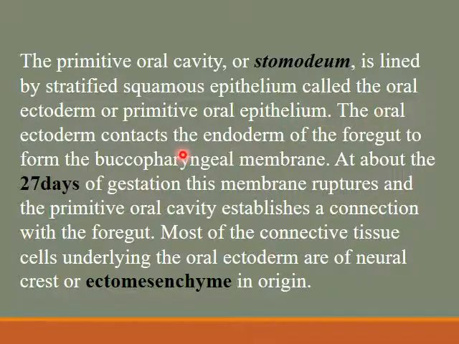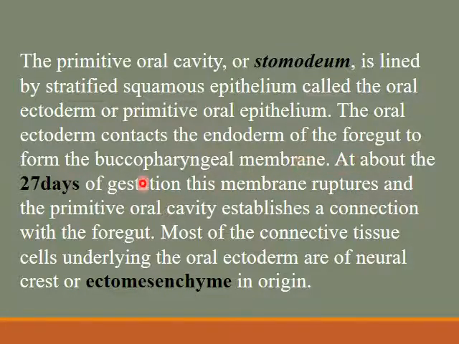The oral ectoderm contacts the endoderm of the foregut. The foregut is lined by endoderm, while the oral cavity is lined by oral ectoderm. These two layers, ectoderm and endoderm, fuse together and form the buccopharyngeal membrane, which separates the oral cavity from the foregut.